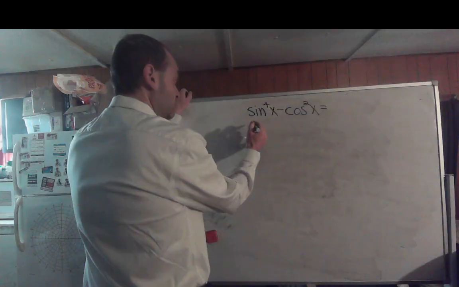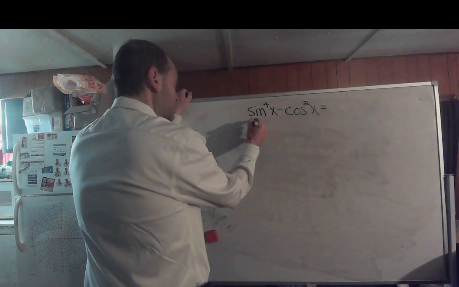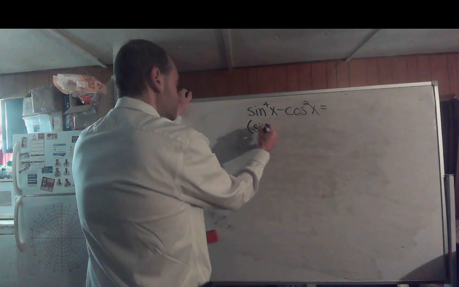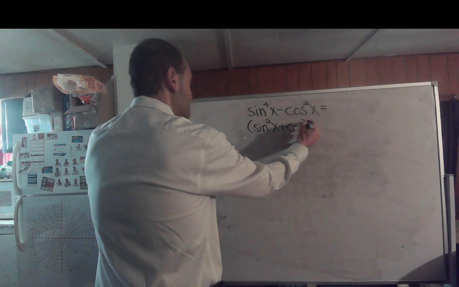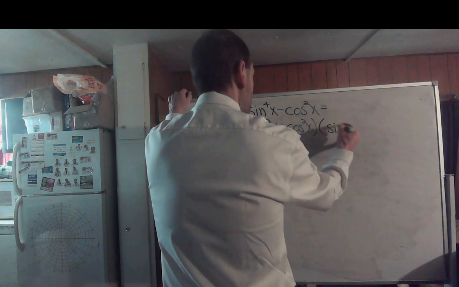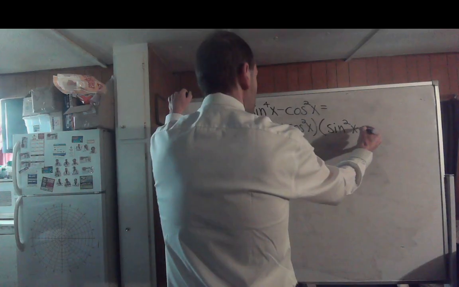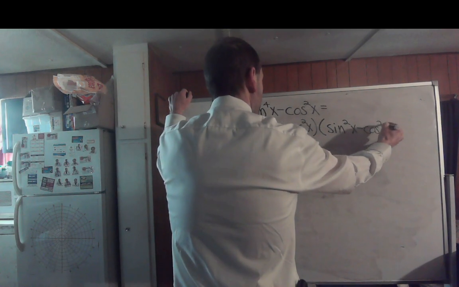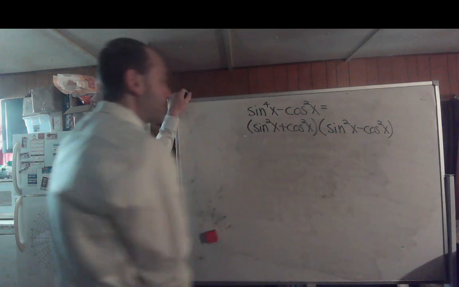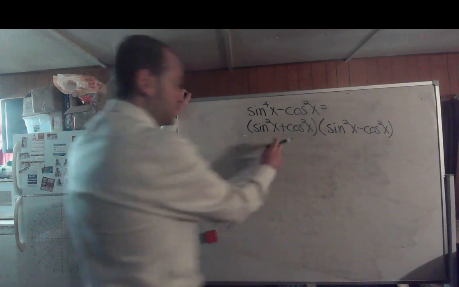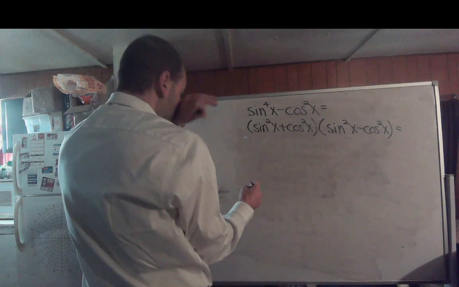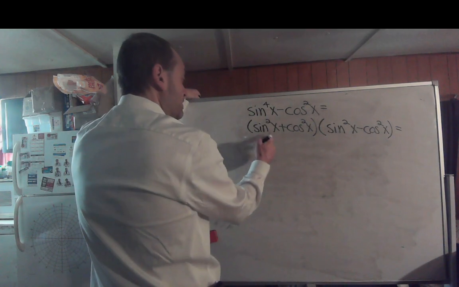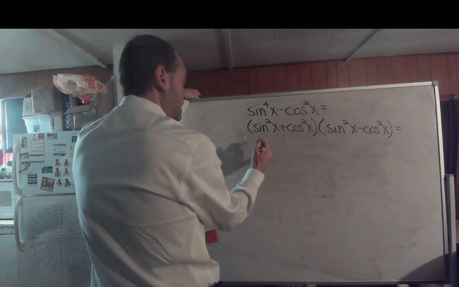Well, this is going to look exactly like sine squared of x plus cosine squared of x times the quantity of the sine squared of x minus the cosine squared of x. Well, what is sine squared of x plus cosine squared of x? That's going to simply end up being 1.